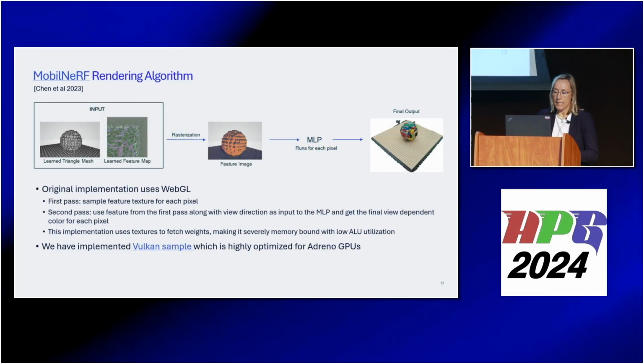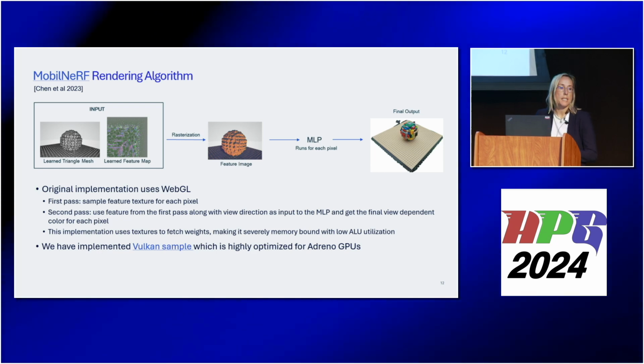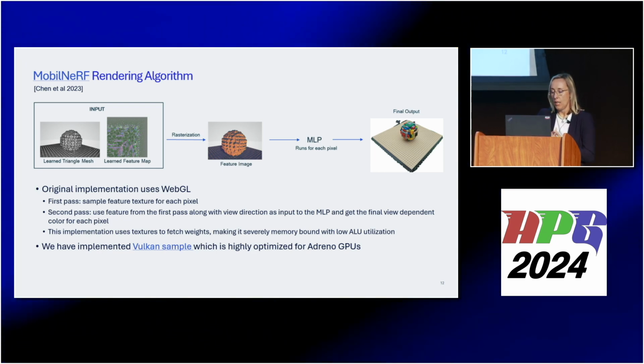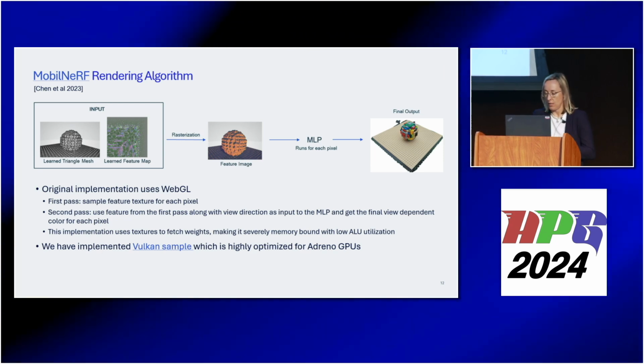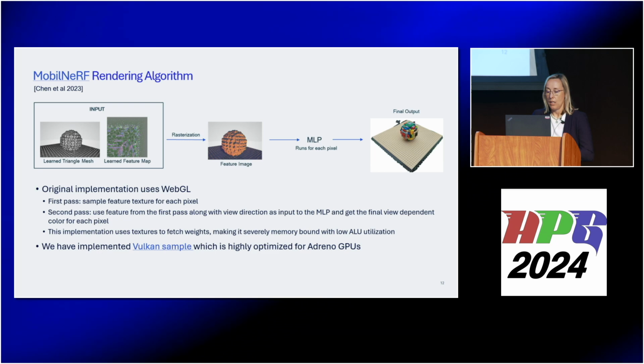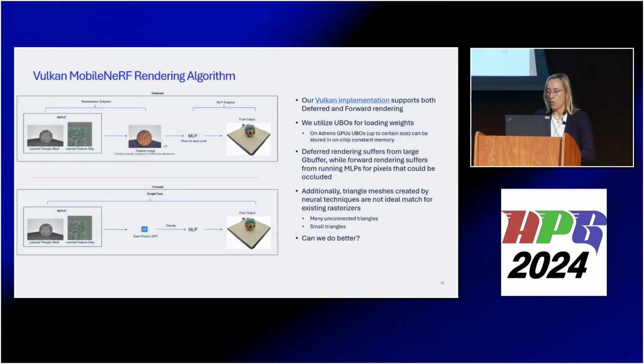Last year we released a Vulkan sample in Khronos's Vulkan GitHub repository. That's there today, and there are links in the talk to that code. And this code is highly optimized for Adreno GPUs.